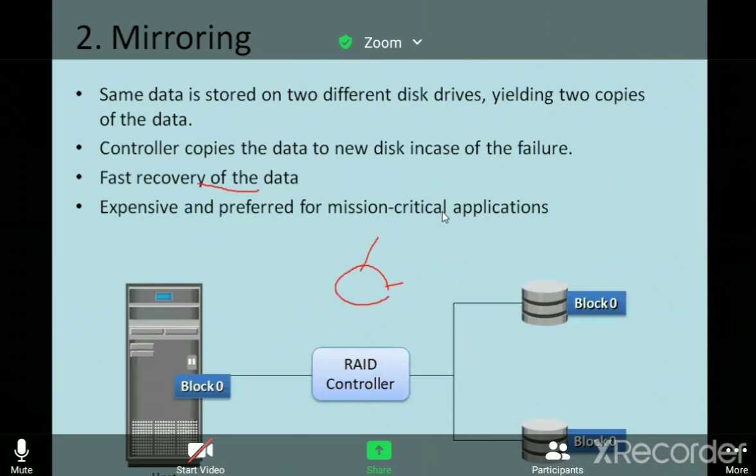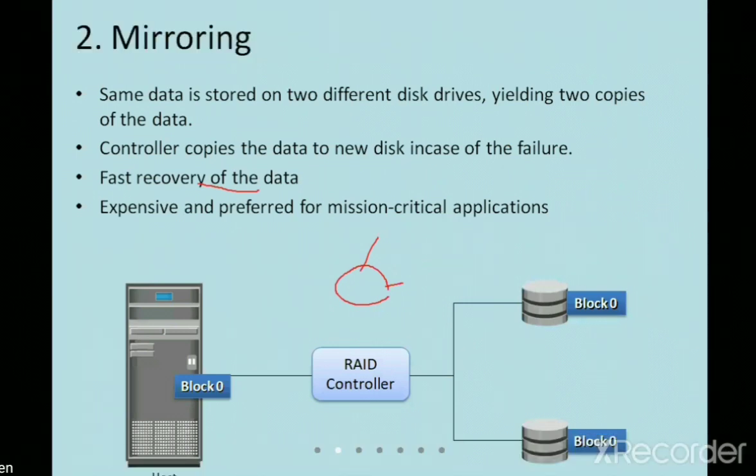The second one is mirroring. So in mirroring, what operation is being done? Very simple, as the term says, it is a mirror. Here we have a particular host and a RAID controller. Please remember, as your control unit is there, this is also a controller. In this mirror operation, as the term says, whatever you see of your face in the mirror is the same, the exact replica copy.